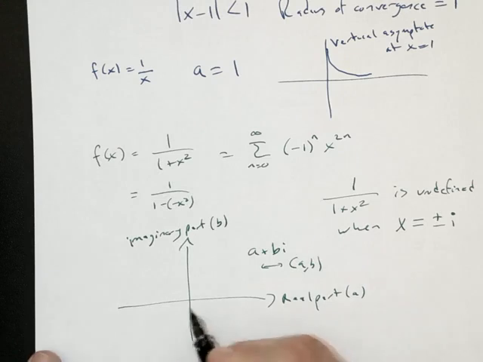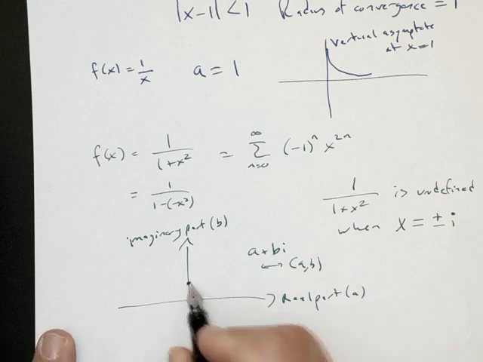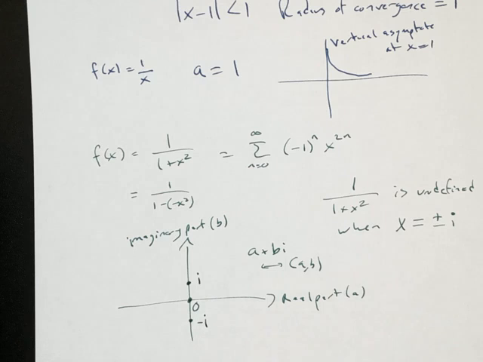And that means that this is still the point 0. Where is the graph of the number i? Well, that's 0 plus i. So that would be graphed right here. And the point negative i is 0 minus i, so it would be graphed down there.